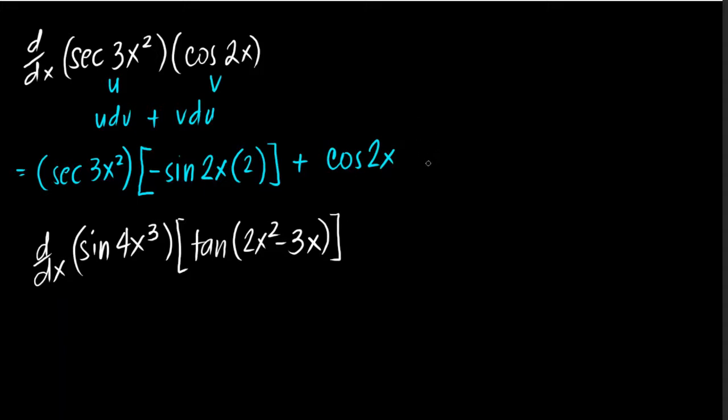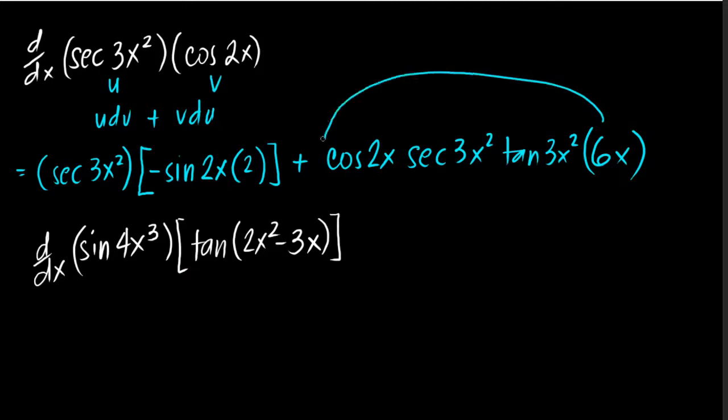So, du is the derivative of secant, which is secant tangent, or sec u, secant 3x squared, tangent 3x squared, du, which is 6x. So, you can put parentheses. Actually, put parentheses. Because, strictly speaking, if we have to rearrange this, 6x belongs to the beginning of this term.